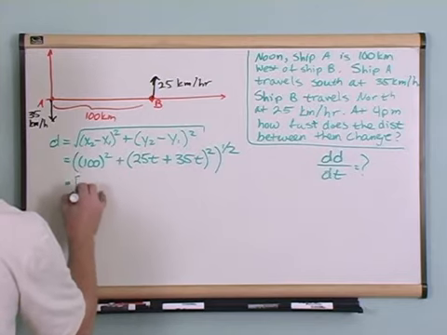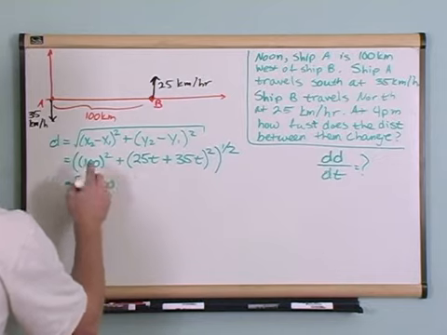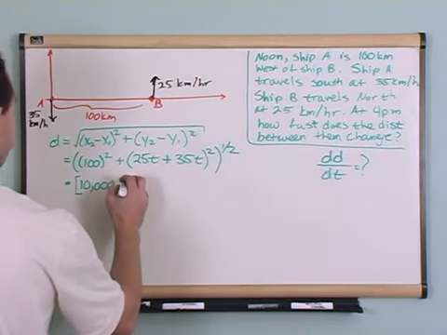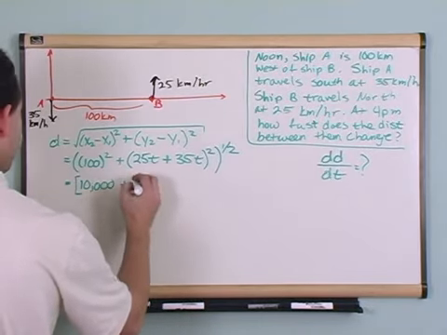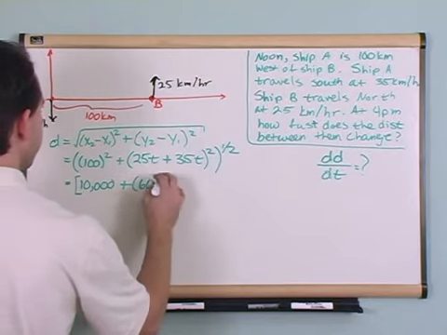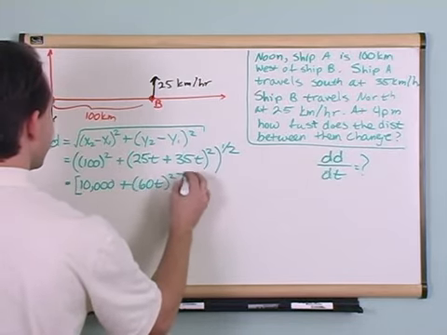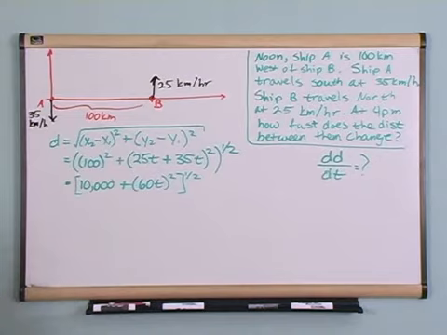So to simplify this further, I've got 10,000 here, because 100 times 100 is 10,000. And then I've got plus 60t, and this is squared, and the whole thing is raised to the 1/2 power.